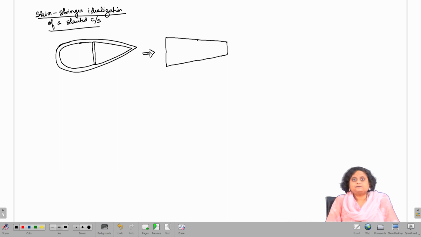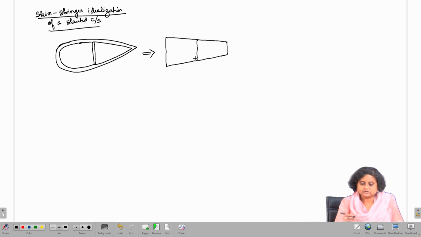So, let us now try to see how to approximate. This is a 2 cell, so I have a slanted 2 cell cross section.